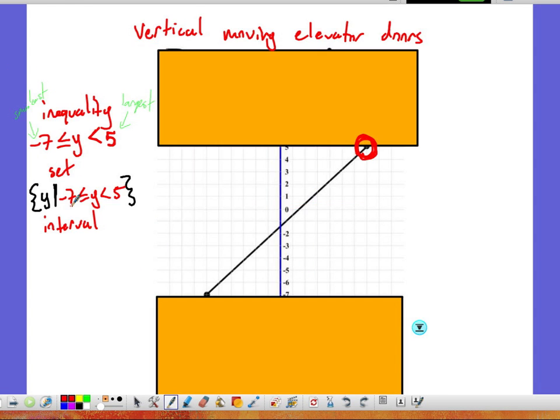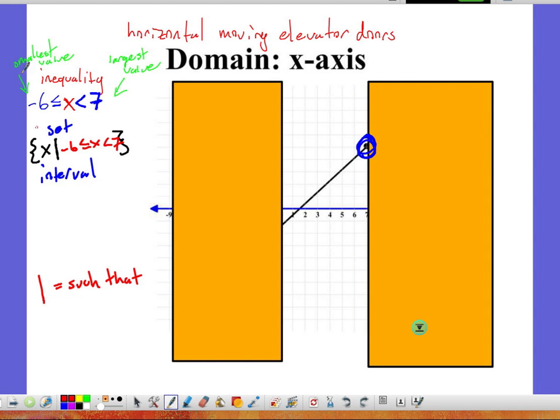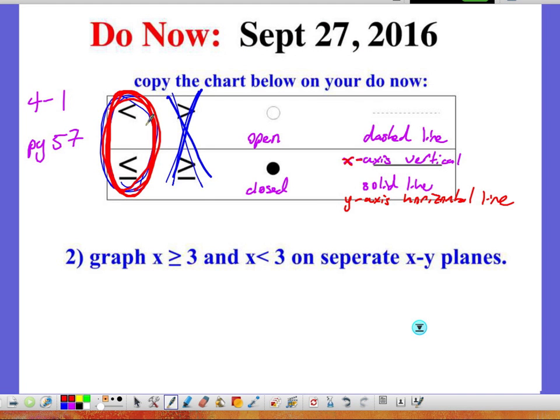Alright, and finally we need to find interval notation, and there's something I have to add to my graph here, my chart. For interval notation, I guess I'll write interval here.